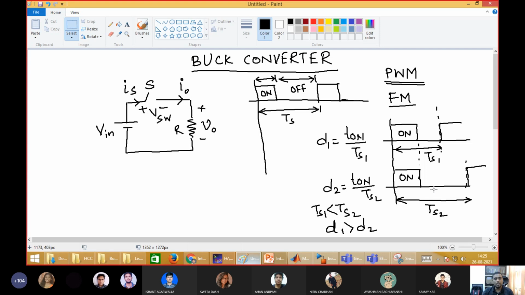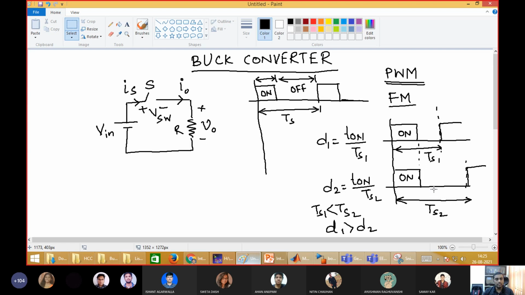Now suppose you do frequency modulation, then what is happening? The frequency is changing. That means the harmonic content present in voltage and current is changing. If we fix the frequency, then the harmonic content remains the same. But if we use frequency modulation, as you are changing the frequency, the harmonic content pattern is changing.